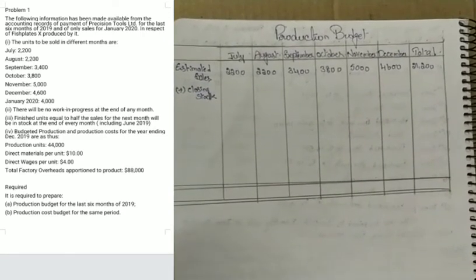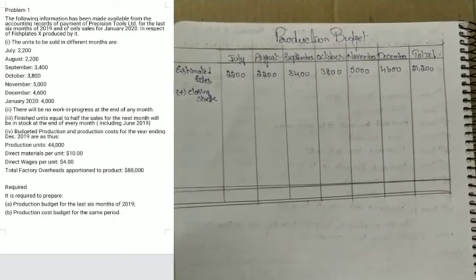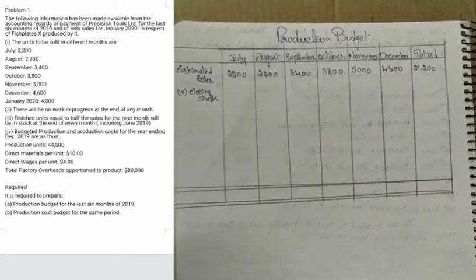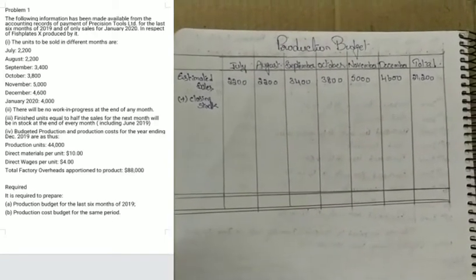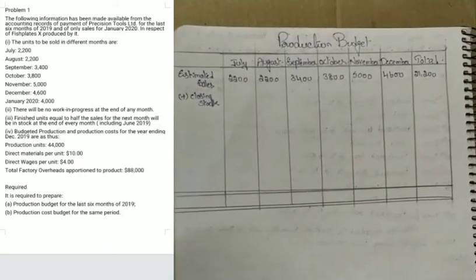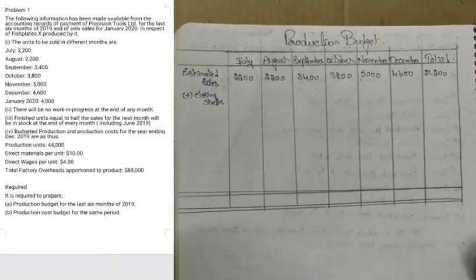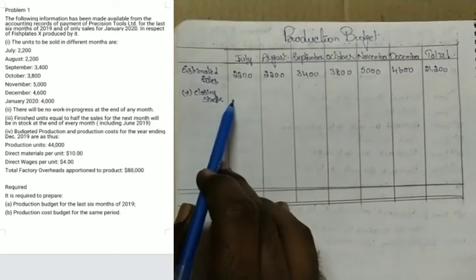They are saying in the third point that finished goods equal to half of the sales for the next month will be stock at the end of every month, including June. So half of the next month will become the closing stock for this month.